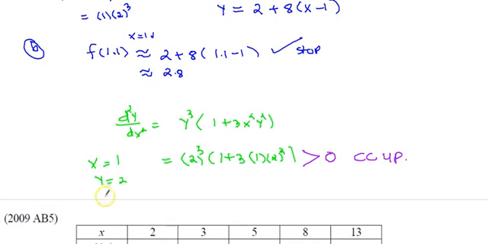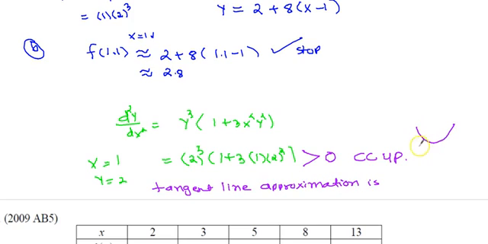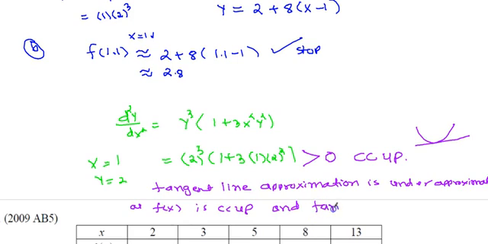So I will have to write down that the tangent line approximation is an underapproximation, and always draw the picture to see that, as f of x is concave up and the tangent line is below.